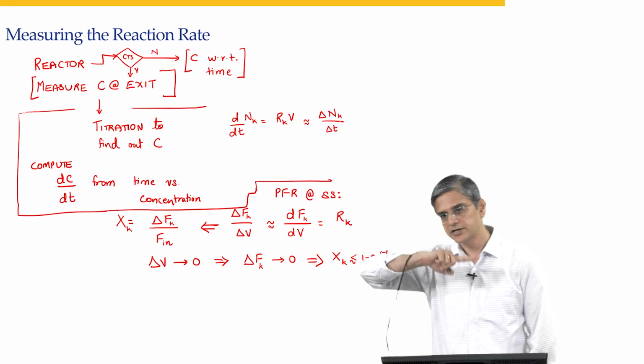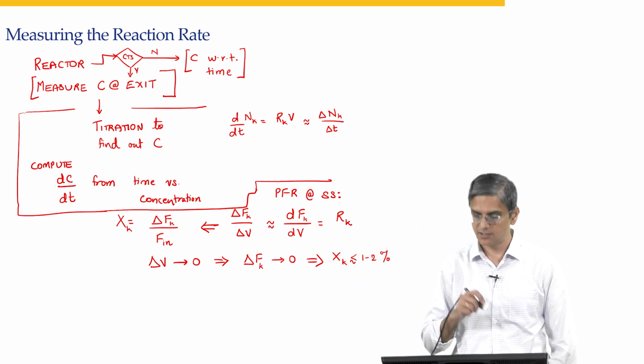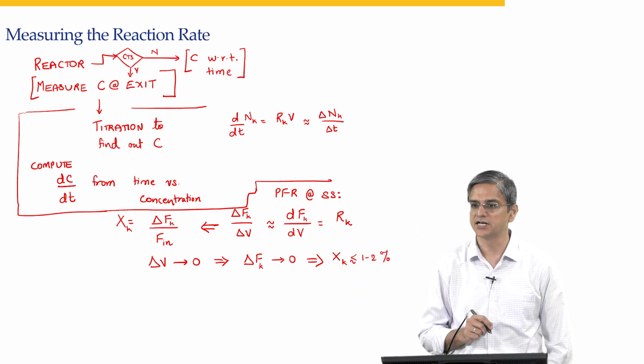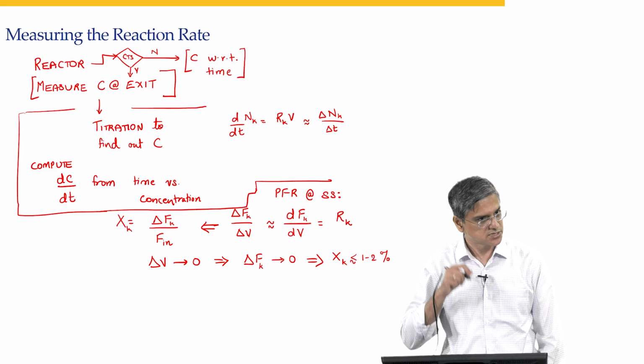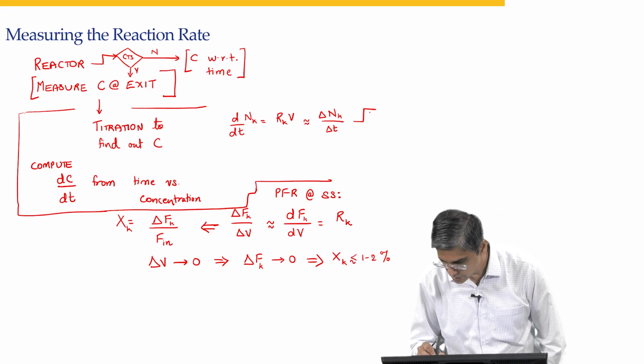You get multiple points and calculate the rate as delta n_k by delta t. You collect the points close enough in time. You can do it in two ways.